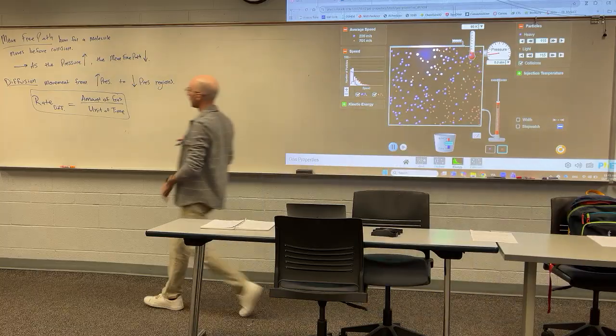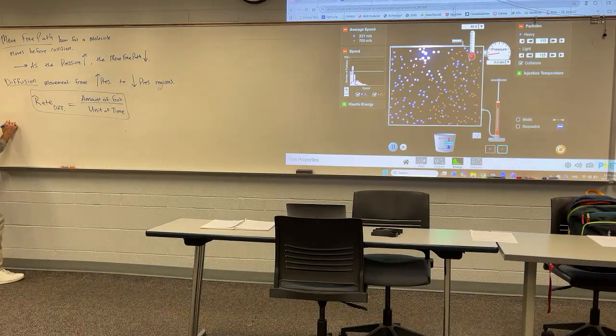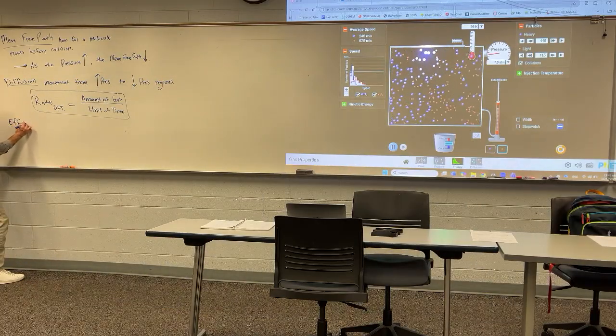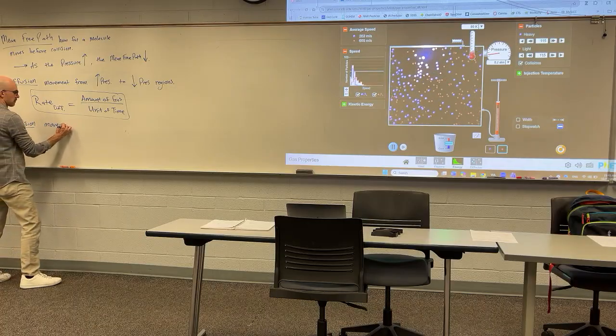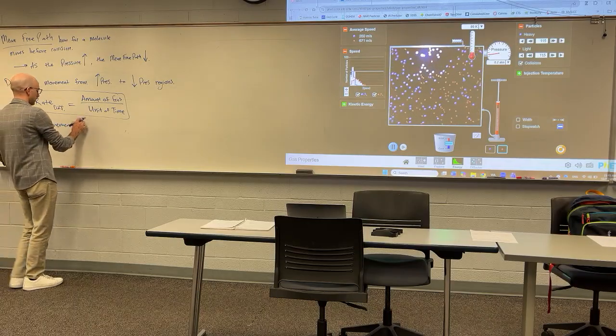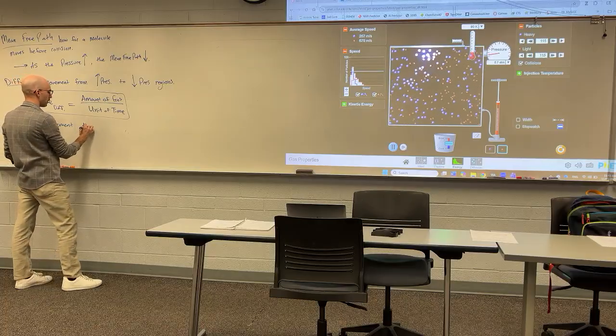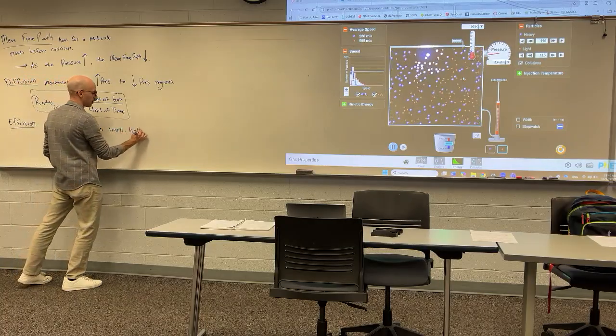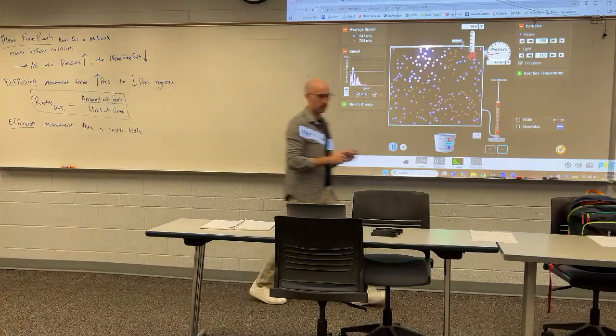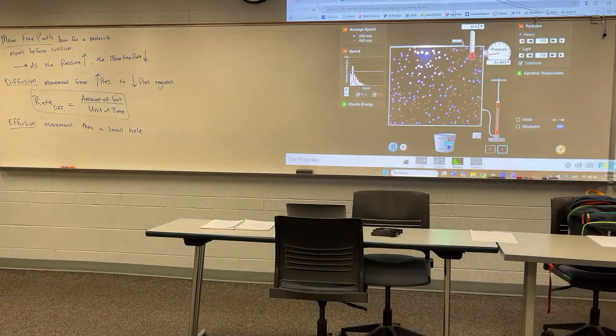In the meantime, let's define something similar to diffusion. This is effusion. This is movement through a small hole. It's terrible that they named it so similar.